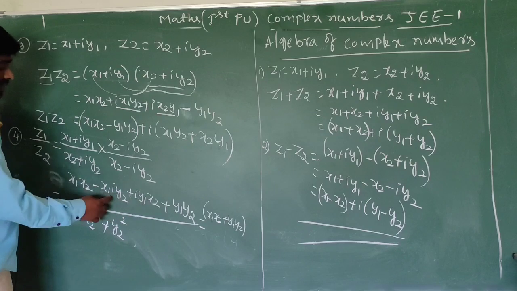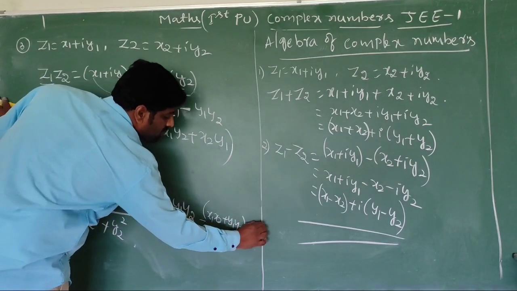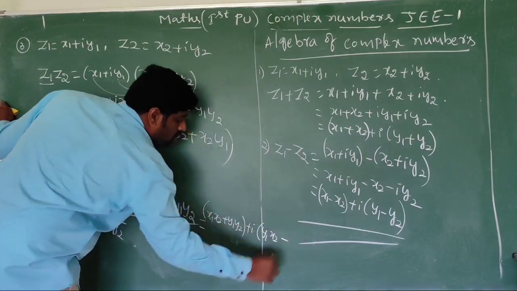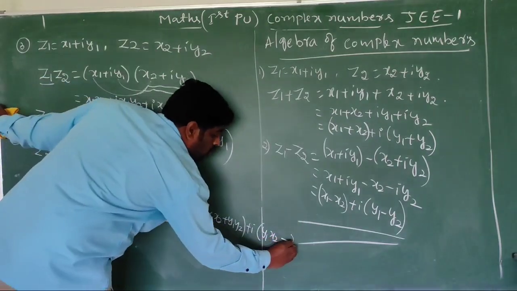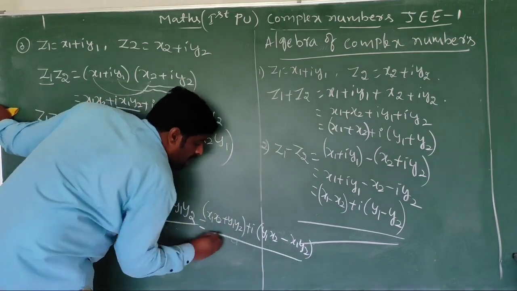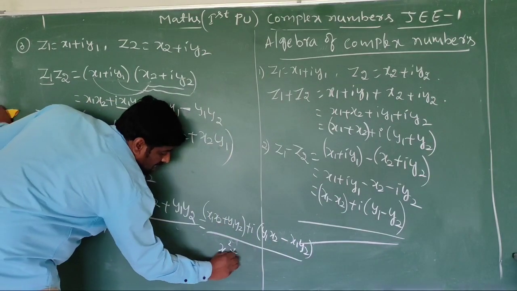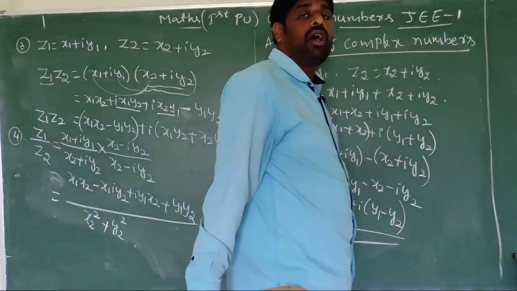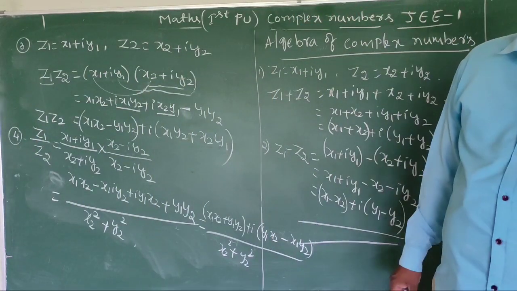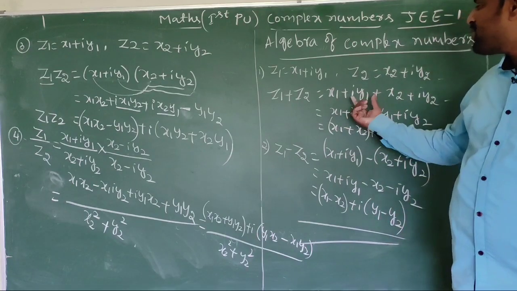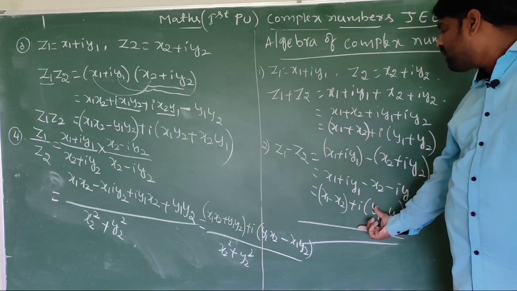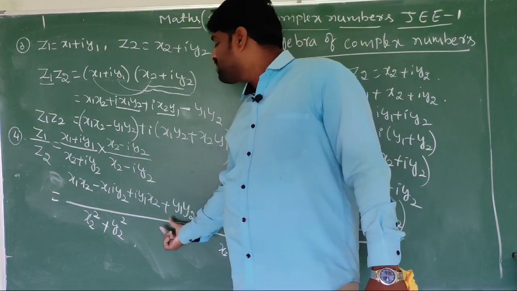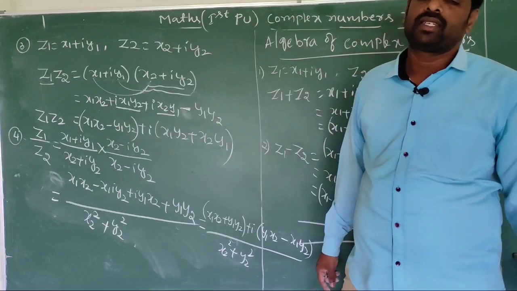Now here i is common, so that is i times y1 x2 minus x1 y2 divided by x2 square plus y2 square. So these four operations are the algebra of complex numbers. Dear children, observe here, this is addition of complex numbers, this is difference of complex numbers, this is product of complex numbers, this is quotient of complex numbers.